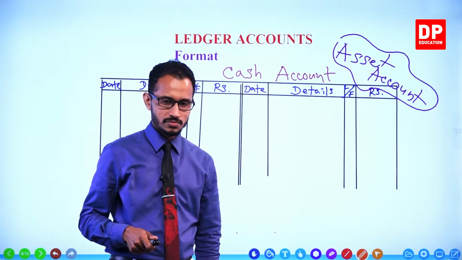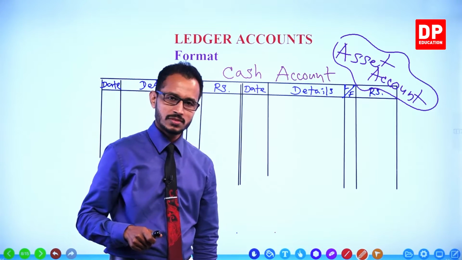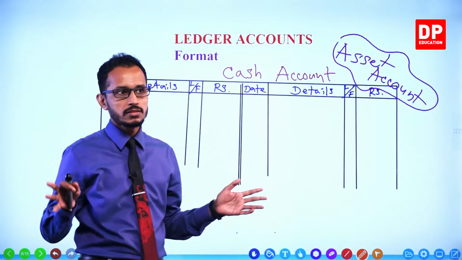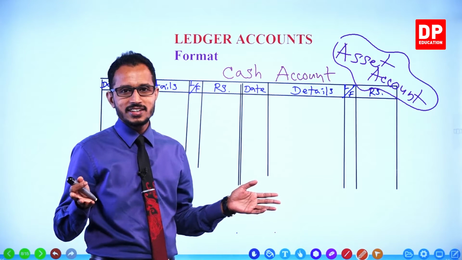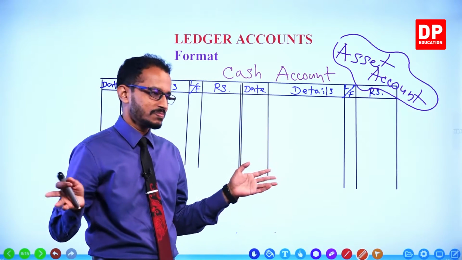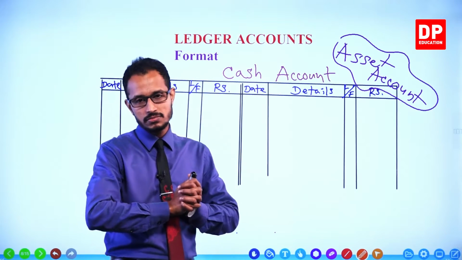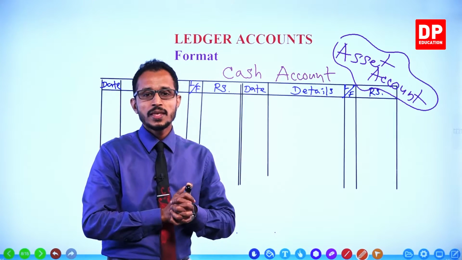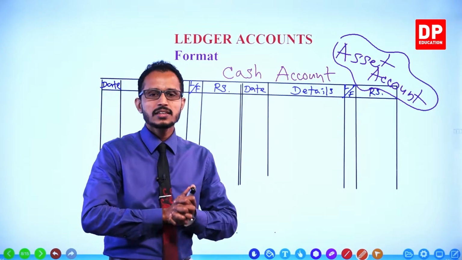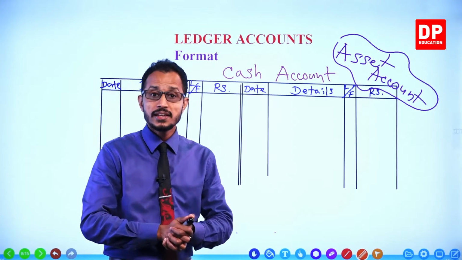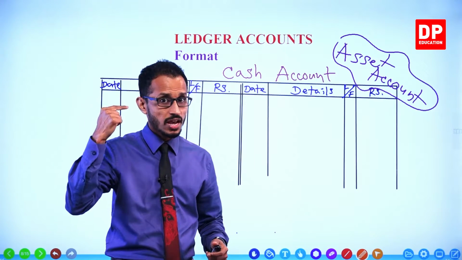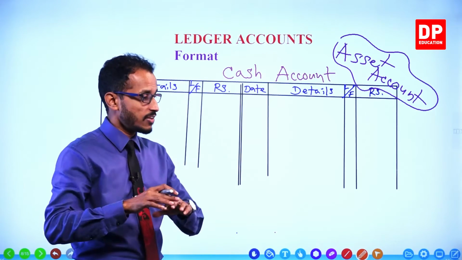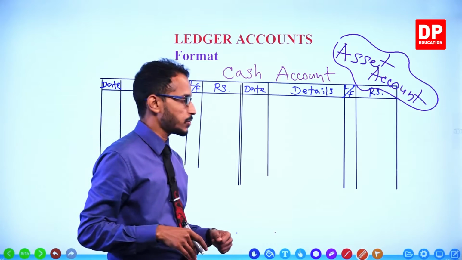Don't be scared now. You will not get 100 or a large number to draw in your exam, but you will definitely get these ledger accounts, and your knowledge of double entries will be tested. For that we have to practice. We'll do it.